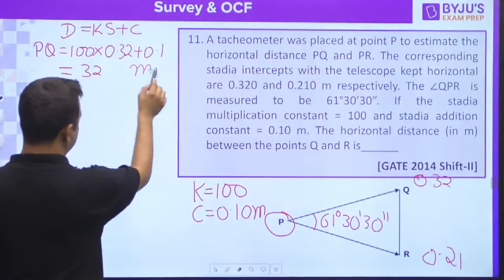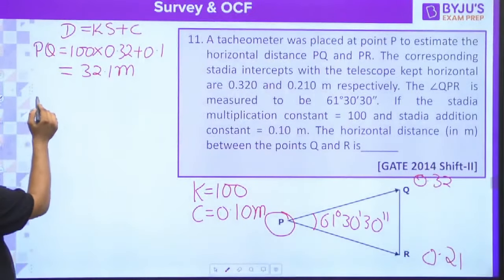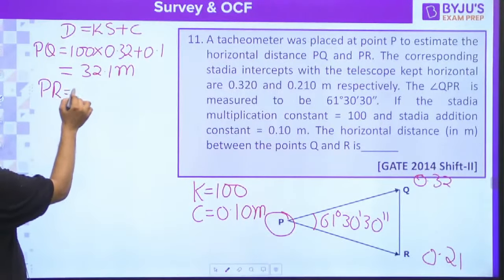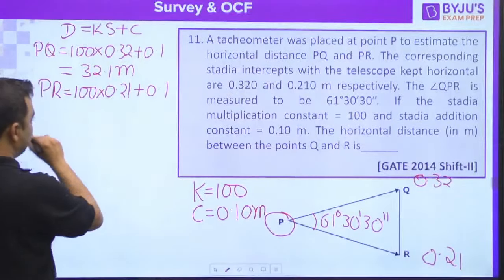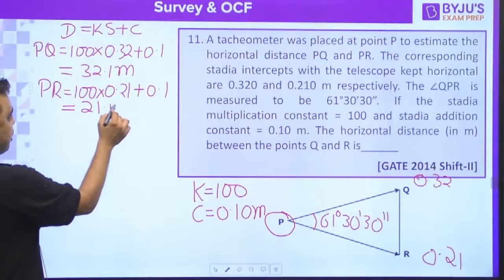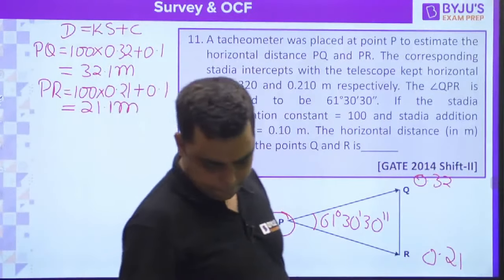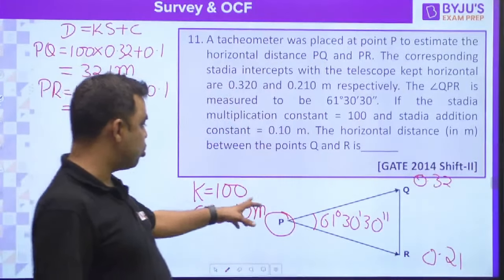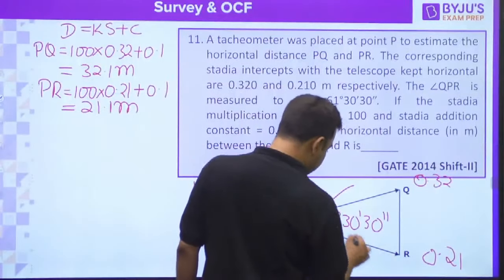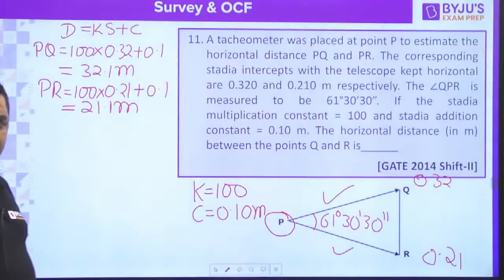My mistake, not 320.1. Similarly, PR will be equal to 100 into 0.21 plus 0.1. So it will be 21.1 meter. Now guys, we know these lengths, and we know this angle theta. So how to solve? We can apply which rule? Sine rule. Can I apply sine rule?